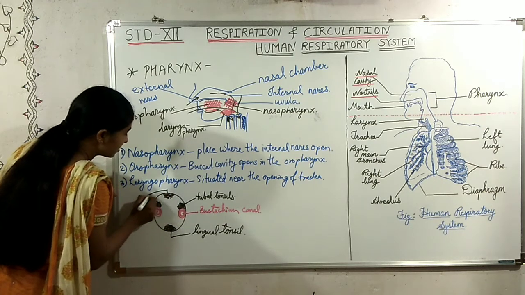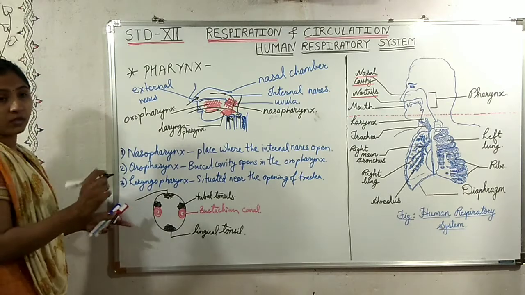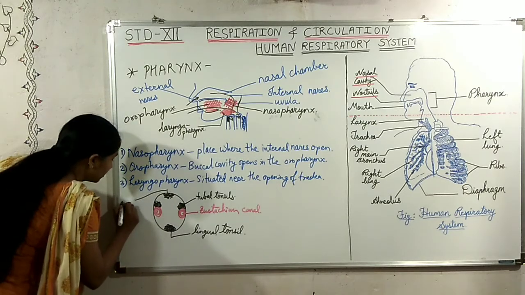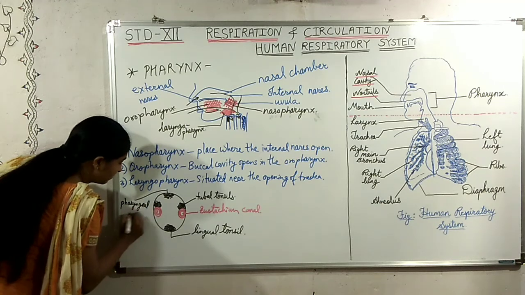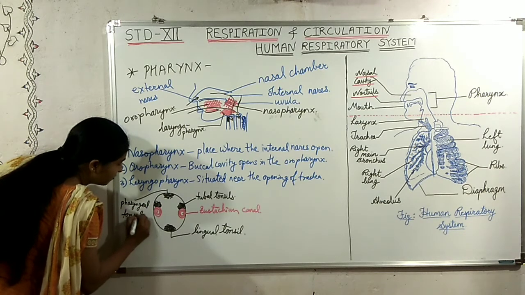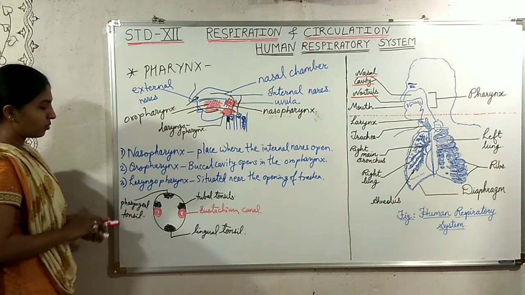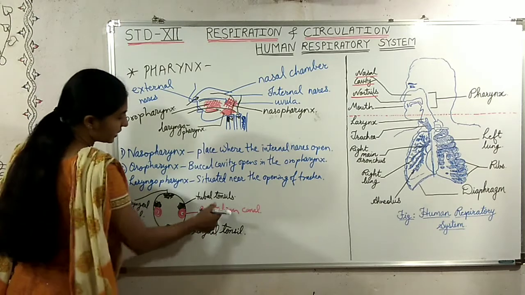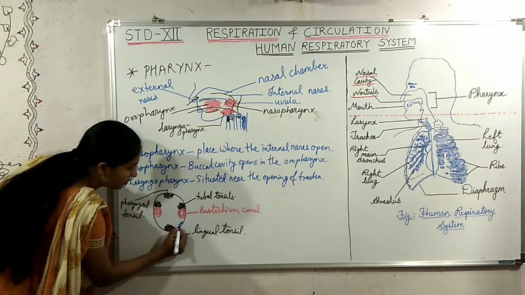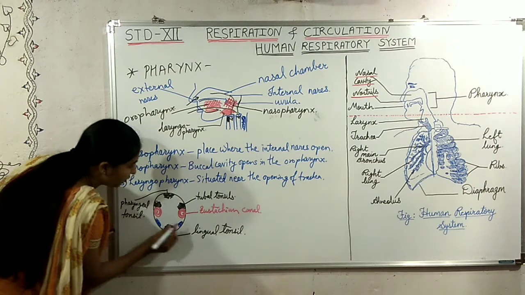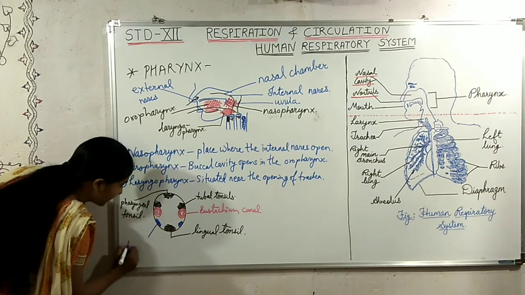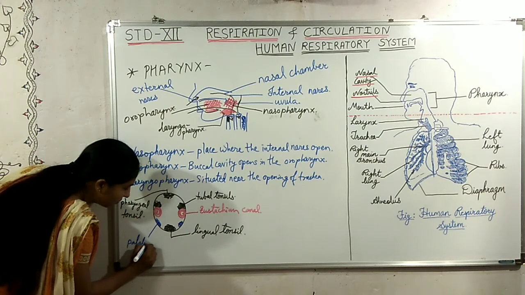That tonsil is known as the pharyngeal tonsil. Now below this eustachian canal there is a pair of tonsils. This pair of tonsils is called the palatine tonsil.